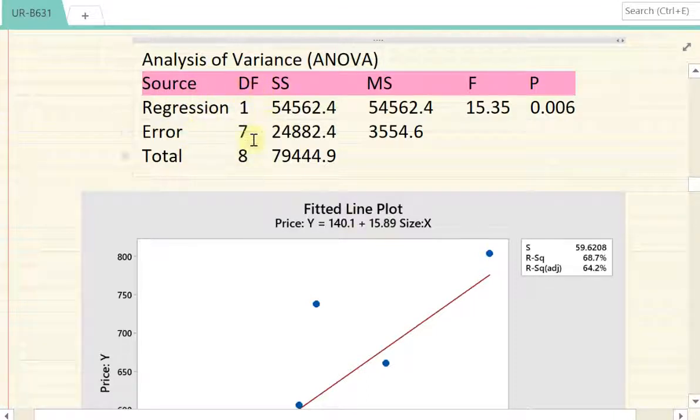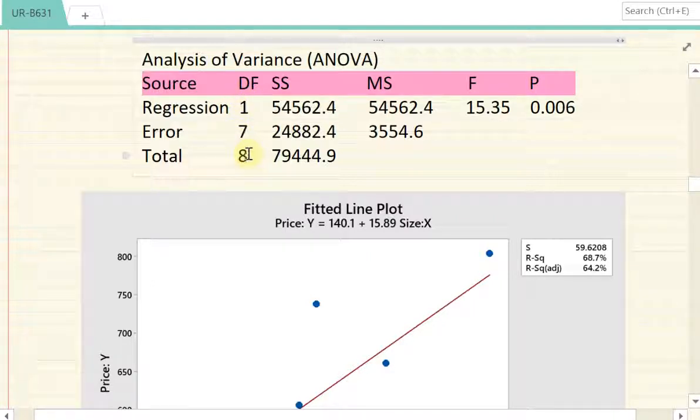The degrees of freedom, don't worry about this one, but if you need to know, degrees of freedom is 1 because we are estimating 2 parameters, beta 0 and beta 1, the population slope and the population y-intercept. So it's number of betas minus 1. Because there are 2 parameters we are estimating, 2 minus 1 makes it 1.